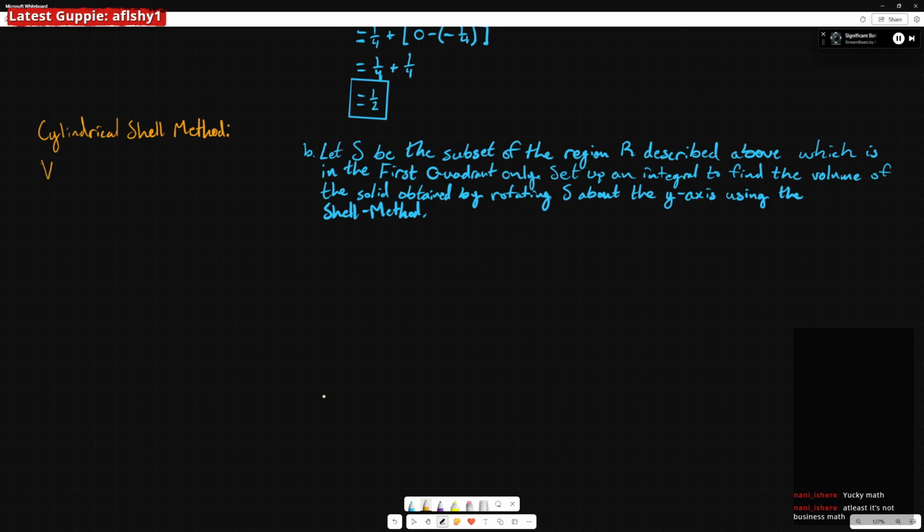So the shell method basically says the volume is the integral from a to b of 2 pi x times f of x dx, where this is the circumference and that is just a function, so the height.